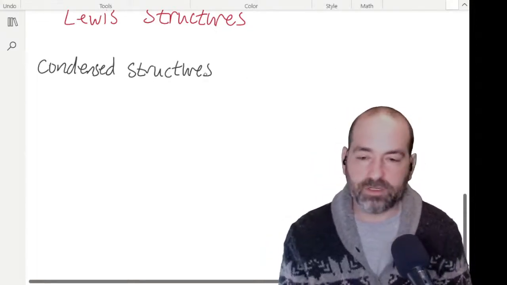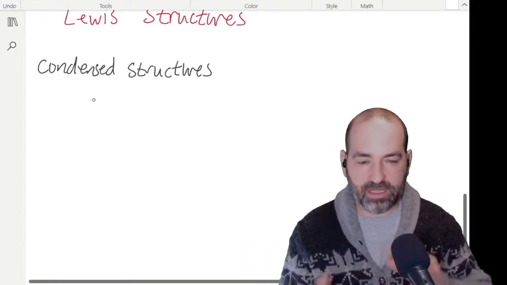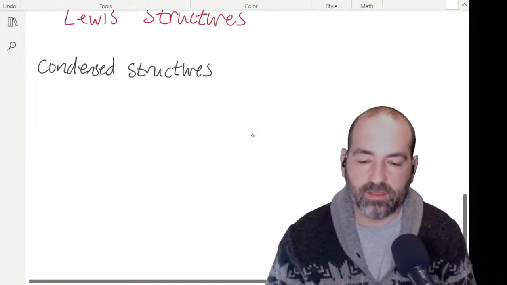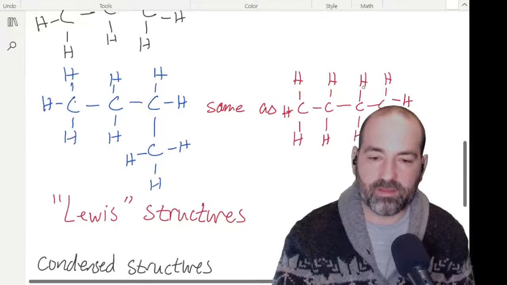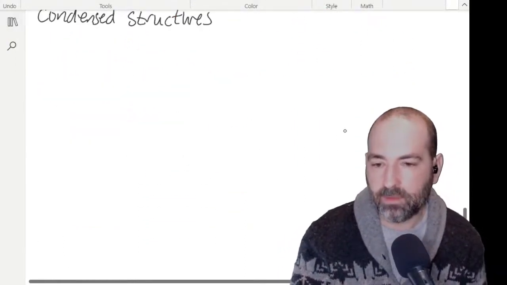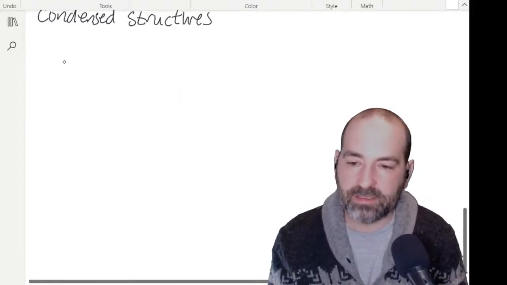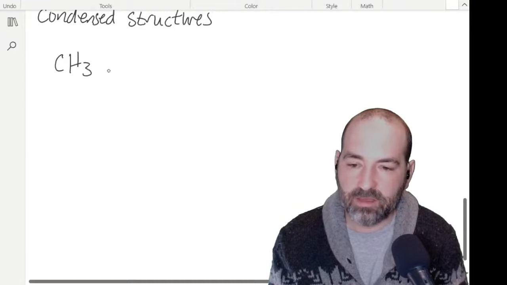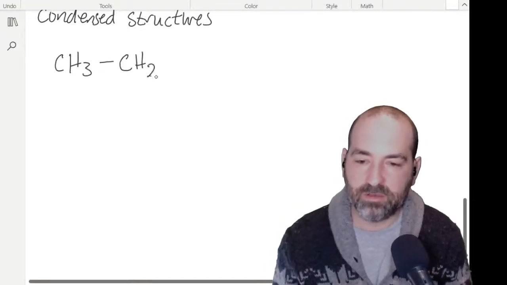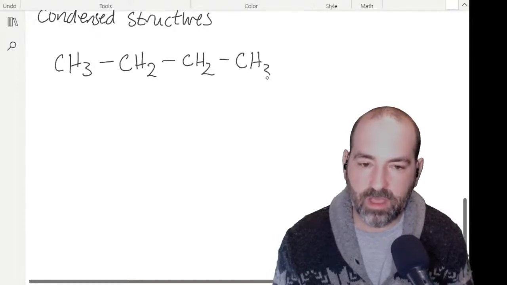And condensed structures, that word condensed, means that the hydrogens are sort of pushed on or condensed or made smaller onto the carbons. So rather than drawing the molecule like this first one that we started with, we can instead draw that as CH3, CH2, CH2, CH3.